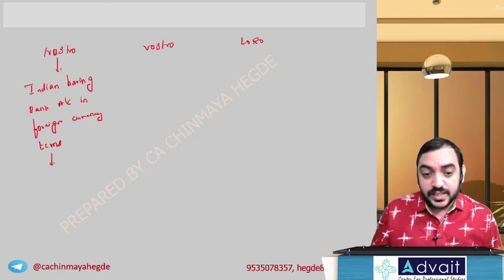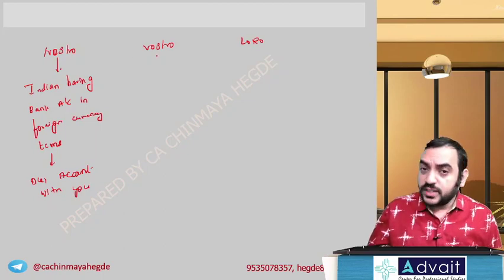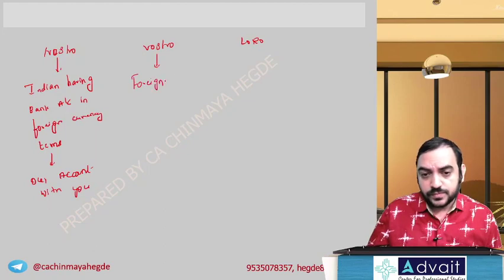This is called our account with you. Vostro is the opposite, that is a foreign person or bank, or foreign entity, having a bank account in rupee terms, in local currency terms.